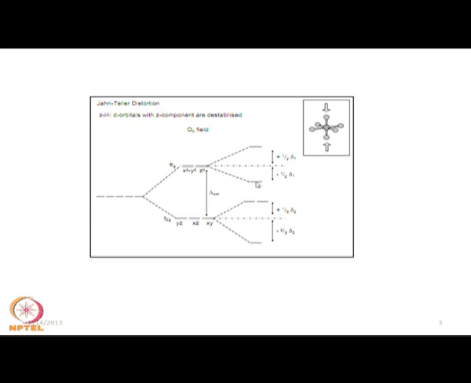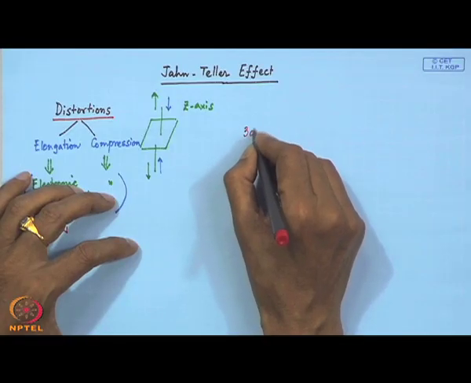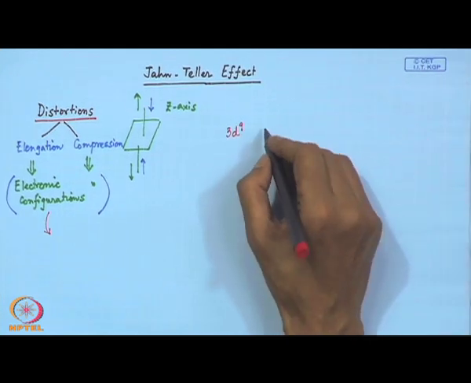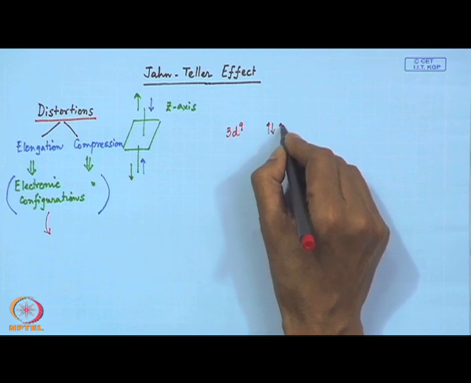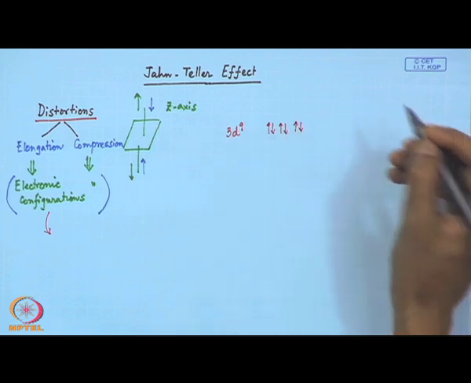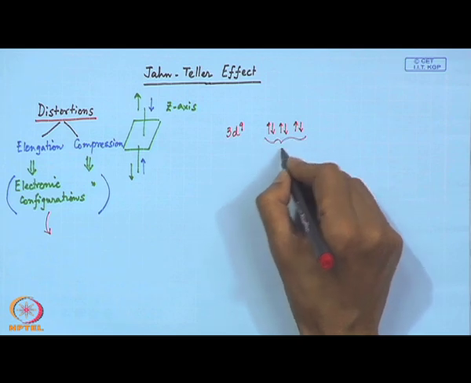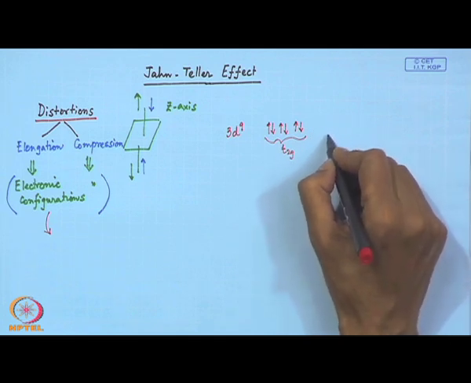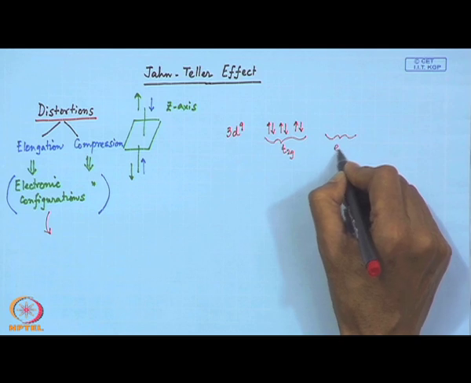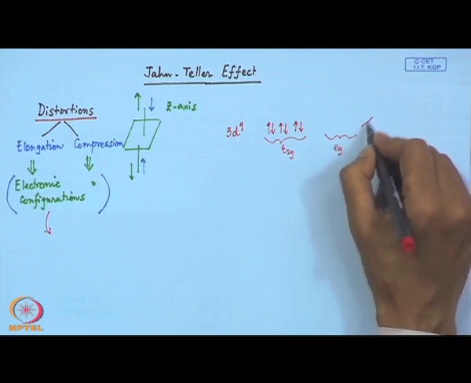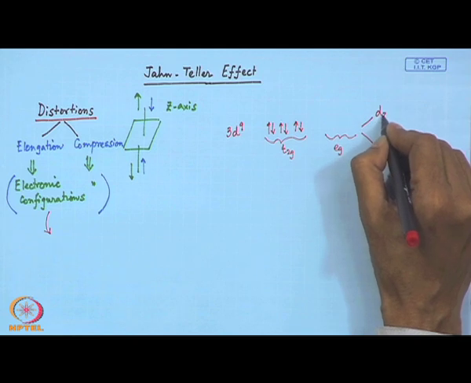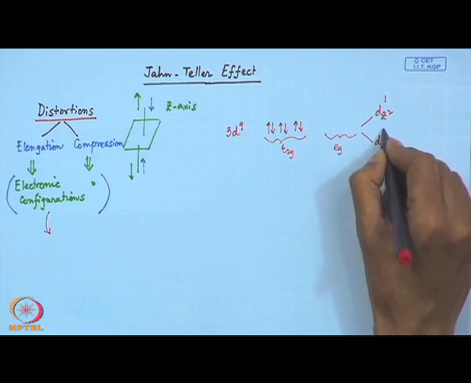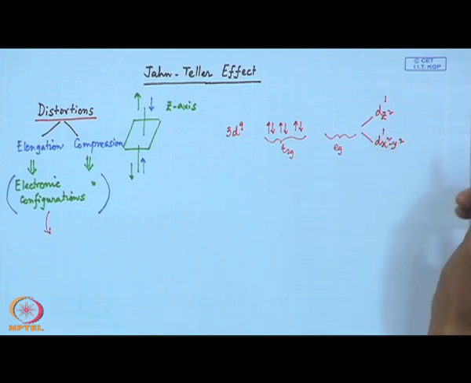So, when we have the 3d9 electronic configuration, what we see is that we have the T2G level which is filled, and after splitting also they are all filled, and in the EG set we can have two situations, that means whether it is 1 electron in the dz square level and 1 electron in the dx square minus y square level.